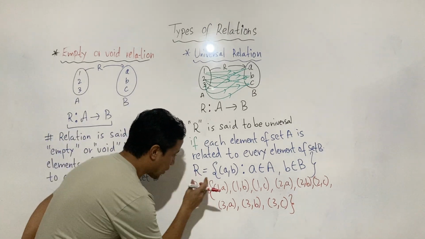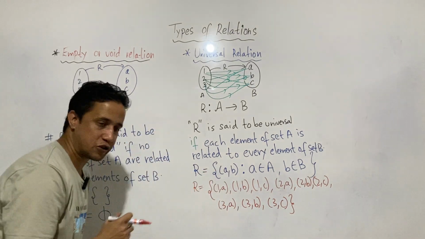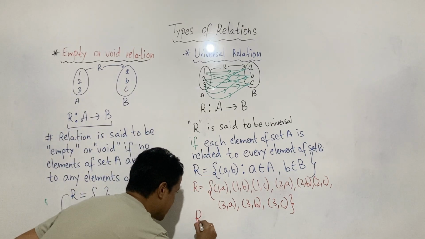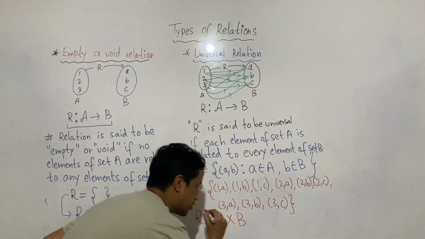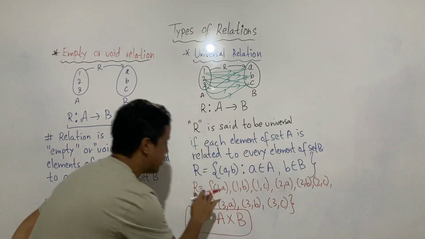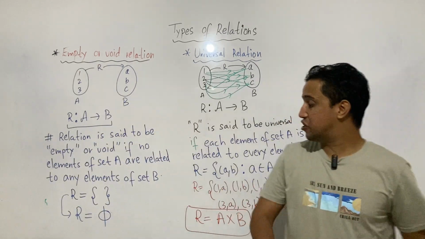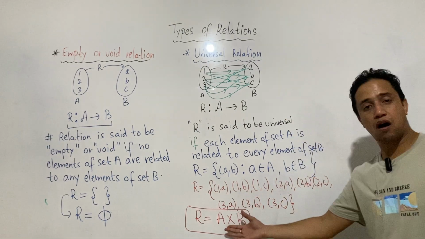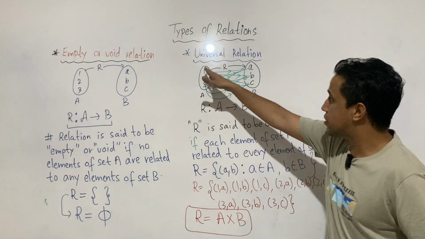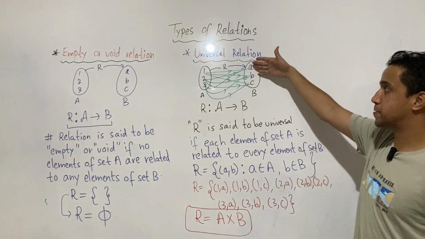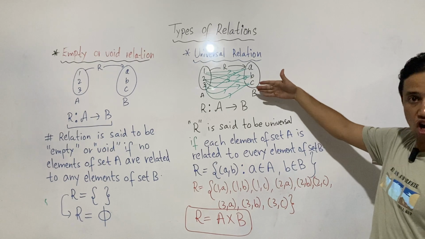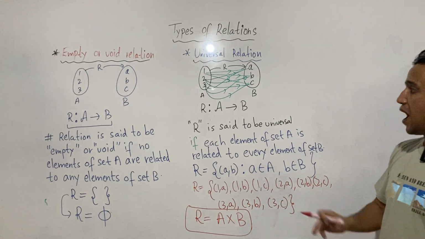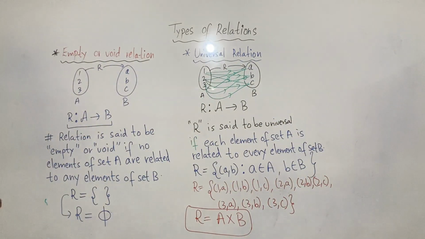If you look at the set of all the ordered pairs in this universal relation, we can figure out that this is exactly the same as A Cartesian product B, because each element of this set is related to every element of this set, which is the same as A Cartesian product B.